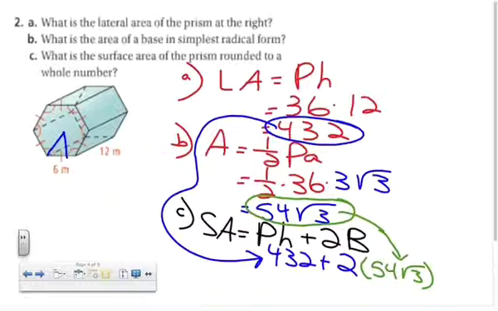And now you're just typing all of that fun stuff into your calculator, since the instructions for part C said go ahead and round your answers to the nearest whole number. Giving us approximately 619 square meters.